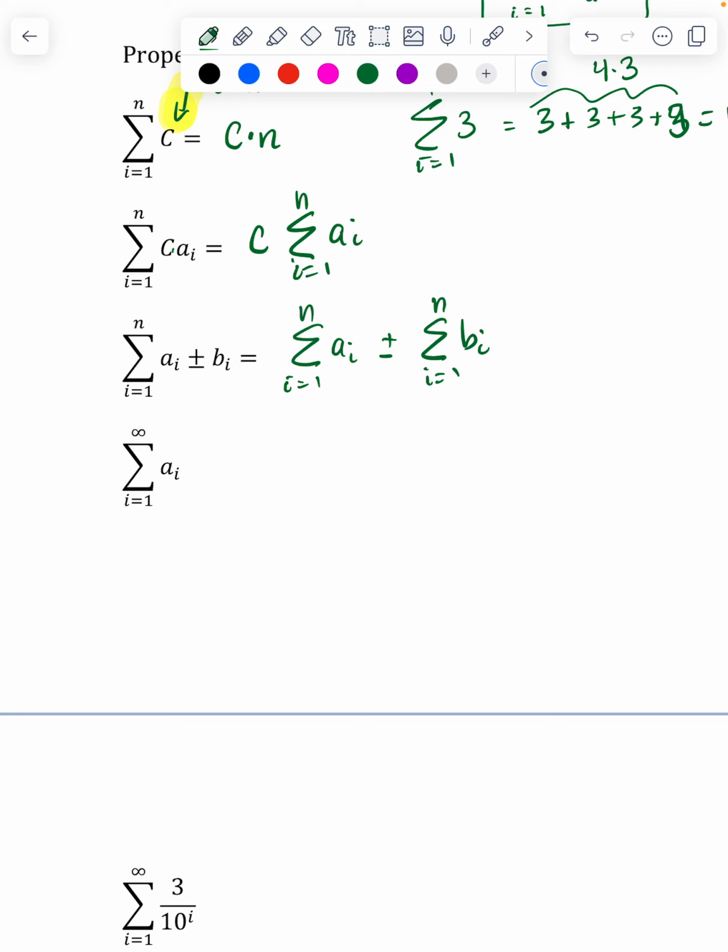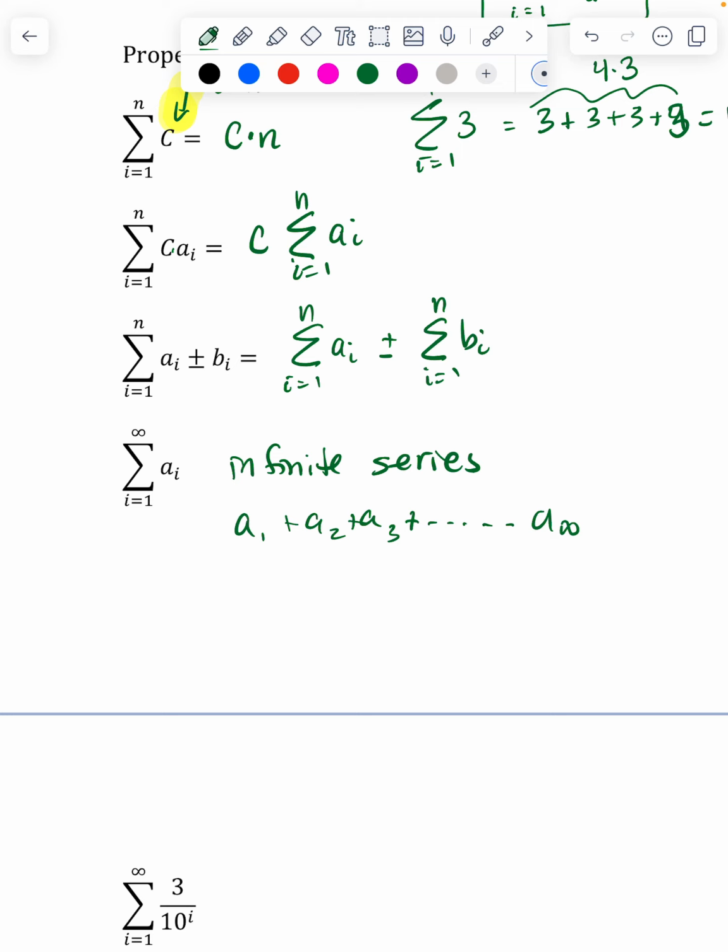And then this last one is called an infinite series for obvious reasons. It goes on forever. So I'm going to have A plugging in 1, then A plugging in 2, then A plugging in 3. And I'm going to keep going until infinity, which you actually can't do.